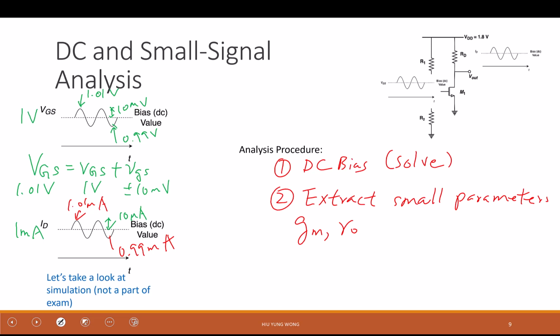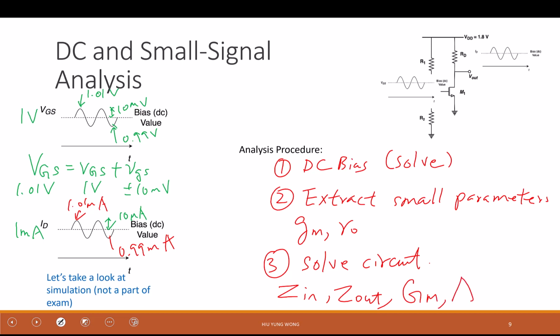And then based on that, you solve the circuit to find, for example, input impedance of the circuit, output impedance of the circuit, transconductance, gain, bandwidth, etc. Okay, so that is the main point I want you to be aware of.